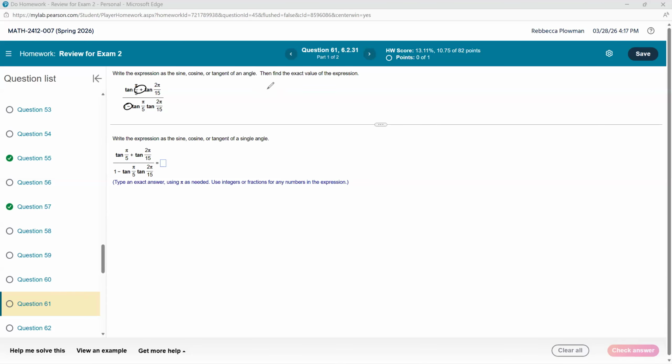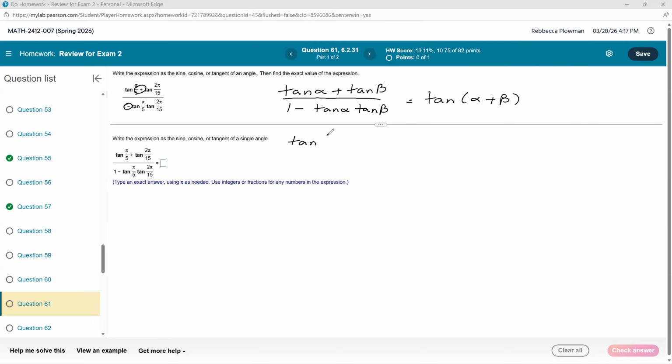So we're looking at this identity, which is tangent alpha plus tangent beta over 1 minus tangent alpha, tangent beta. So this is just tangent of alpha plus beta.